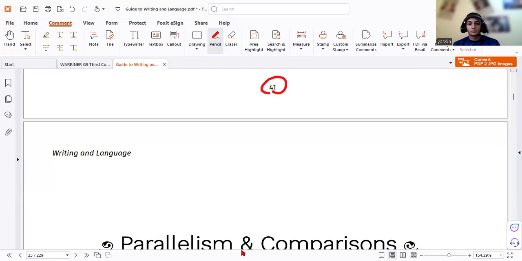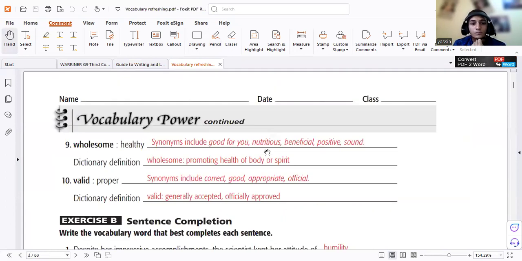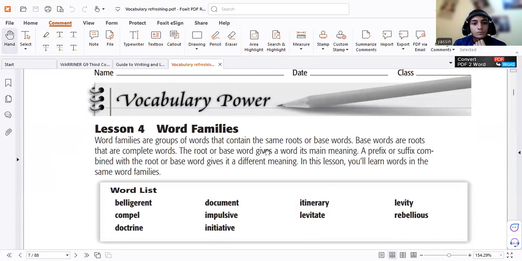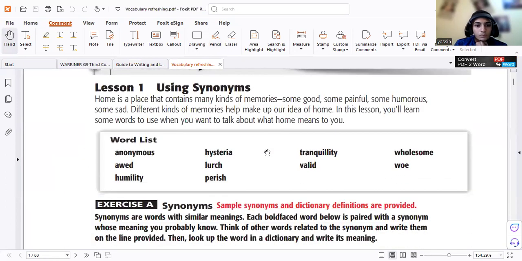Now I'm going to show you the vocab booklet. Vocab is the easiest part in English. For example, if you are going to study this vocab, we already have some lessons.